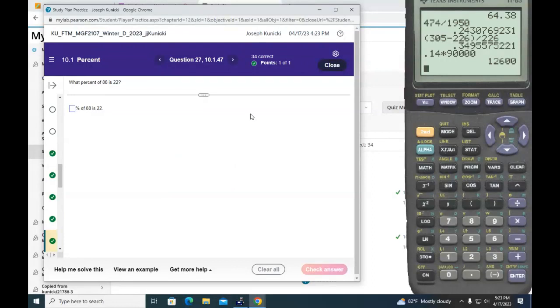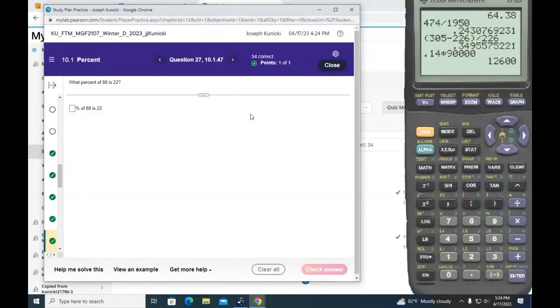Right? X percent of 88 equals 22. So what would I do? I would divide both sides by 88. So X percent is 1/4, so 25%.